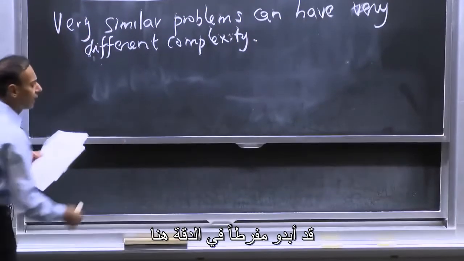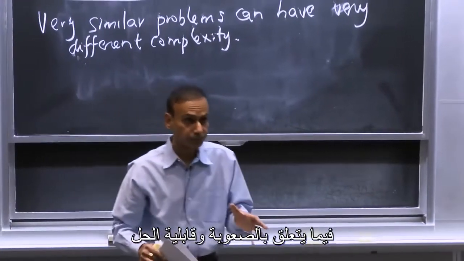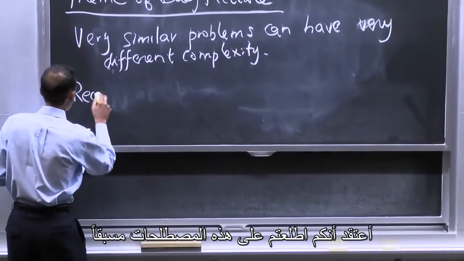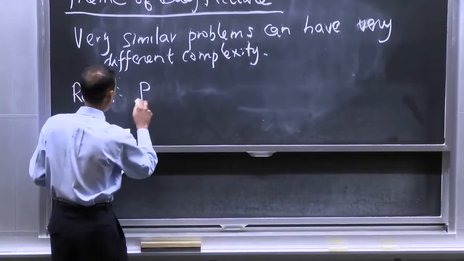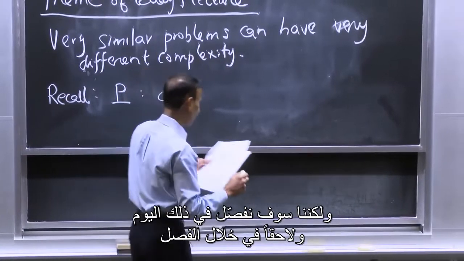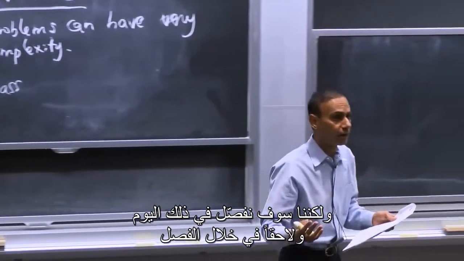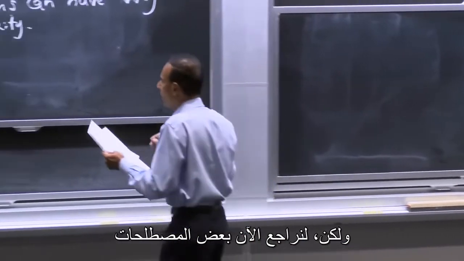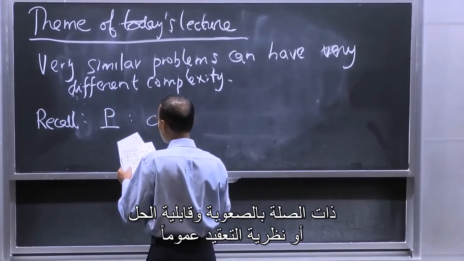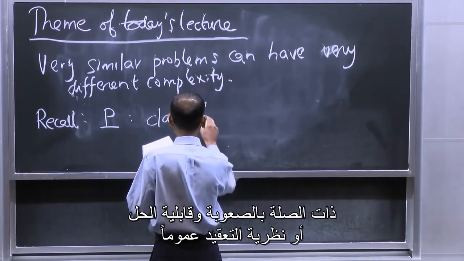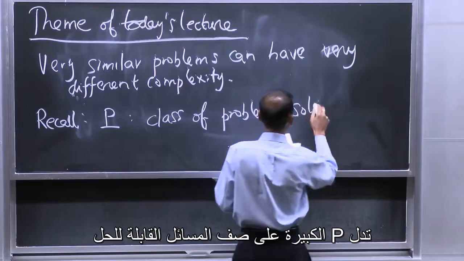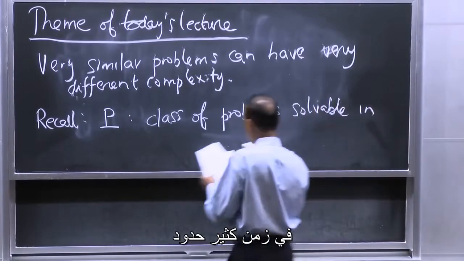So I want to get a little bit pedantic here with respect to intractability and tractability. You've seen, I think, these terms before in one lecture in 006, but we'll go over this in some detail today and more later on in the semester. But for now, let's recall some basic terminology associated with tractability and intractability, or complexity theory, broadly speaking. Capital P is the class of problems solvable in polynomial time.